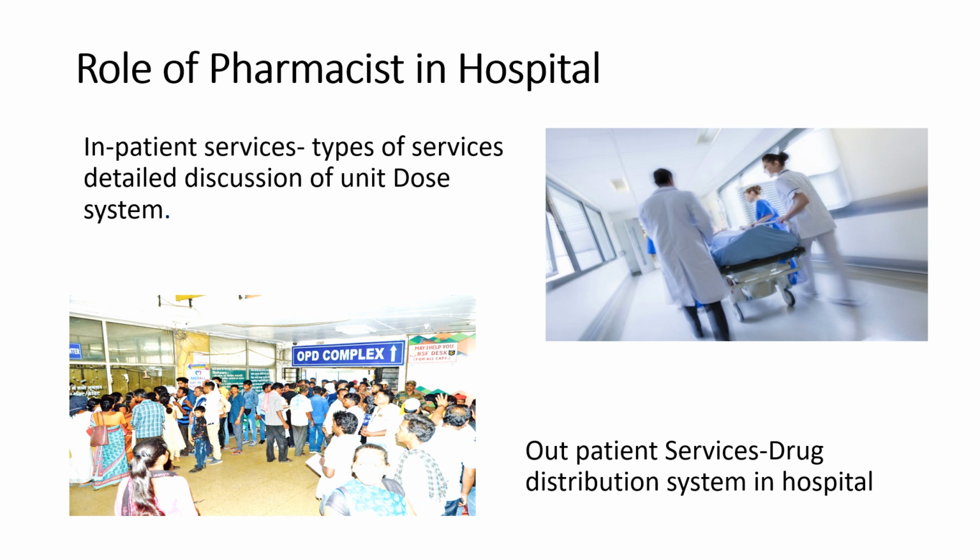Then we know that in every hospital there is an OPD, that is the outpatient department, and there also our pharmacist has a major role. So, the drug distribution system in hospital. We have already seen that when we enter government hospitals, civil hospitals, non-government hospitals, first of all there is the OPD.